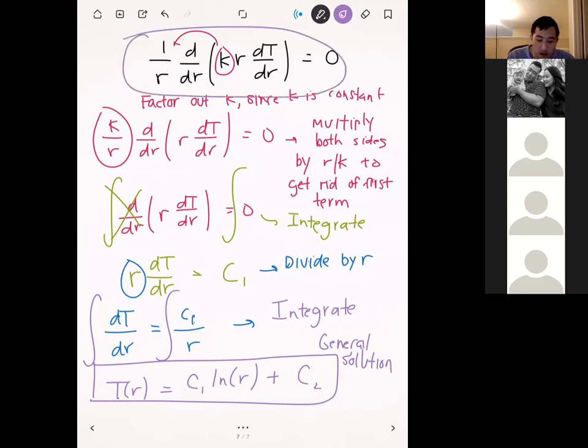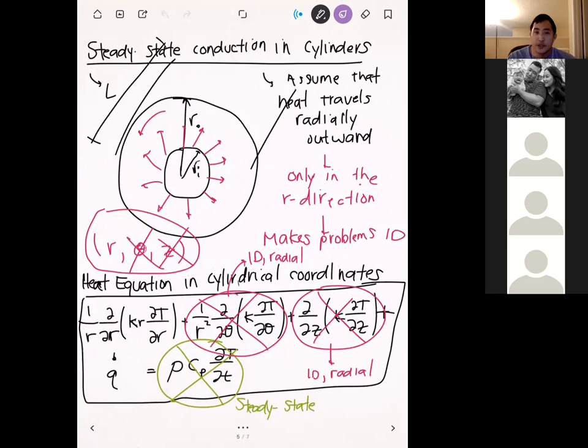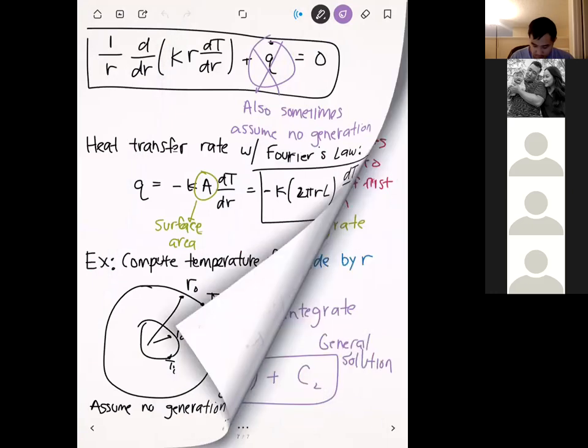Any r dr, or sometimes 2 pi r dr, is already incorporated in the fact that we're starting with the heat equation in cylindrical form. If we actually derived this heat equation in cylindrical form, that's where it would come in. But since that's already been accounted for in the derivation of the heat equation, we don't have to do it again. Okay.